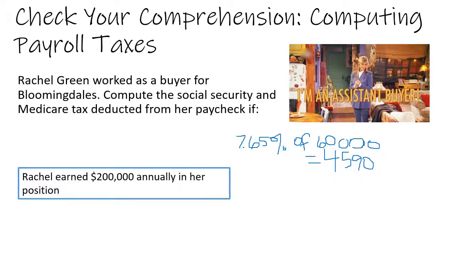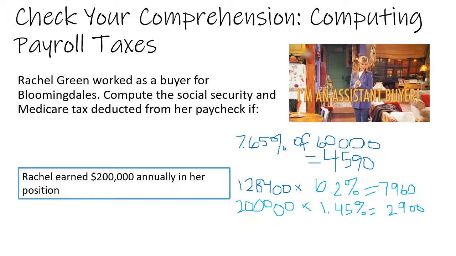Now let's compute her wage if she earns $200,000 annually in her position as a buyer. In the second scenario, if Rachel earns $200,000, this puts her above the Social Security base of $128,400. Accordingly, only that $128,400 base is taxable.